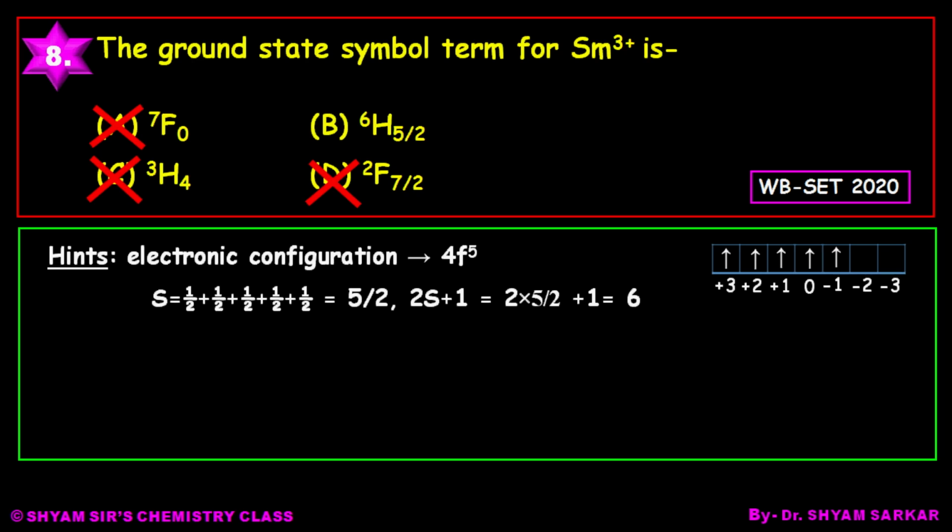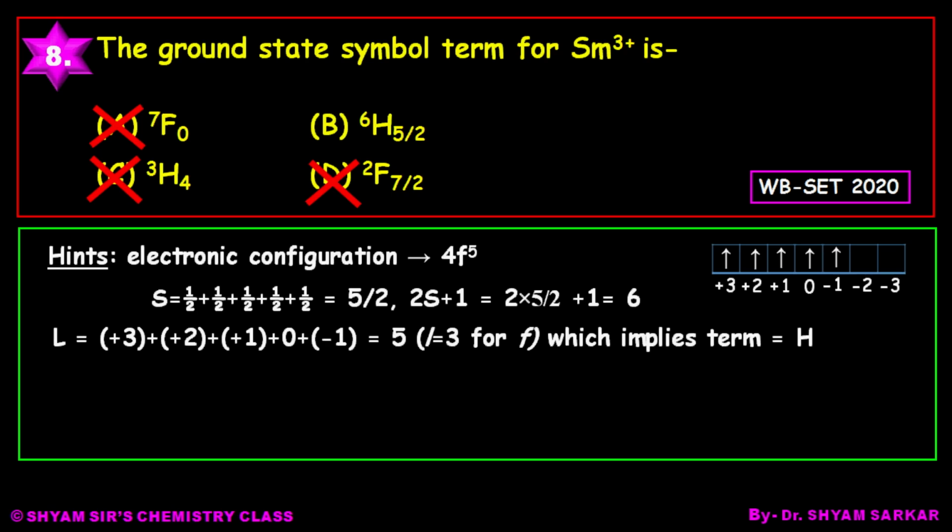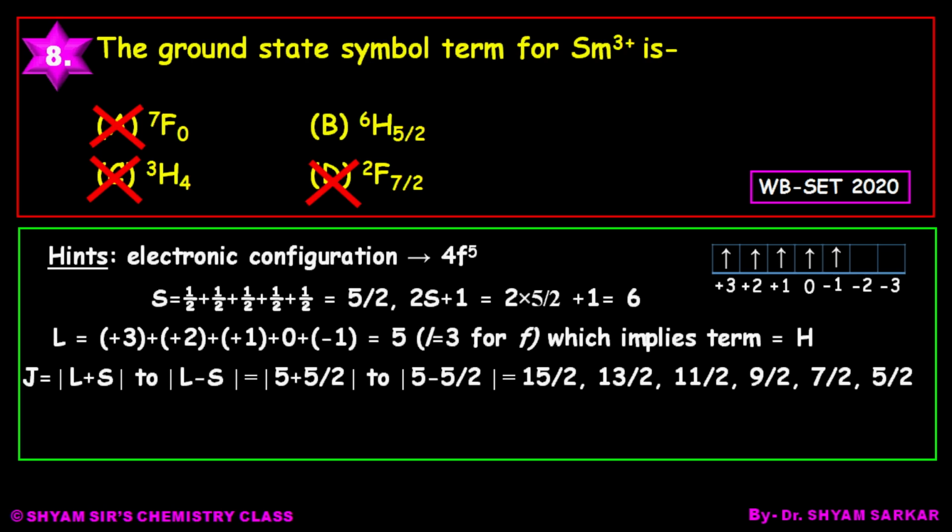L equal to 5, because small l equals 3 for the f orbital. You can see from this arrangement how I have calculated L equal to 5. So 5 means the term will be H. Now what is J? J is L plus S to L minus S. So 5 plus 5/2 and 5 minus 5/2, and in between these two the J values will be 15/2, 13/2, 11/2, 9/2, 7/2, 5/2.